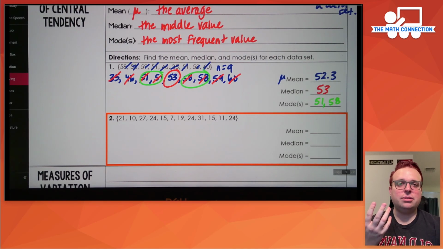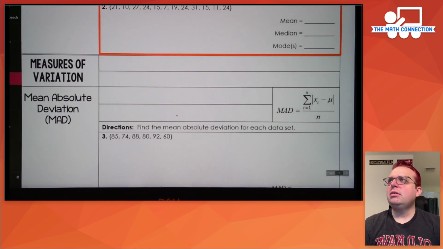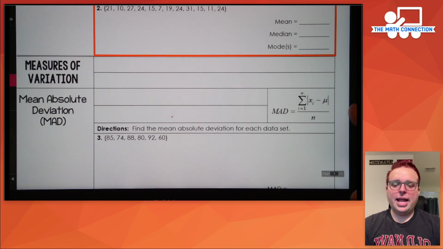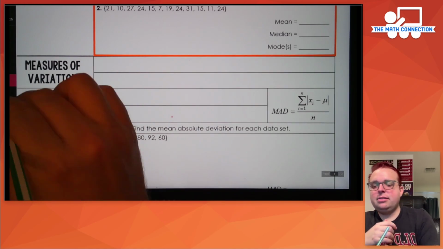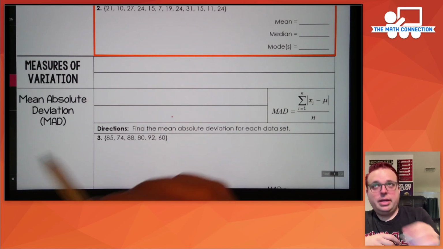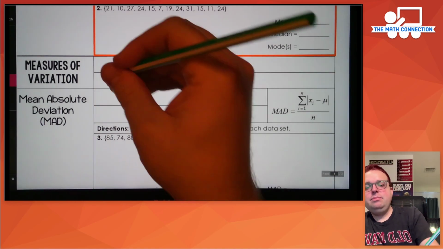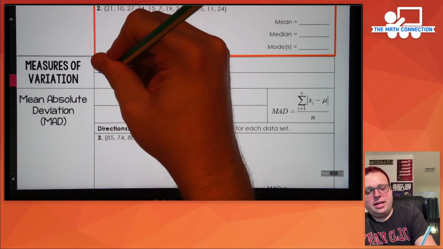Okay, next topic in these notes is going to be about measures of variation. And what a measure of variation is, let me switch my pen color. It's a measurement, a value that tells you how spread apart the data is in the data set. So we'll put that in here.